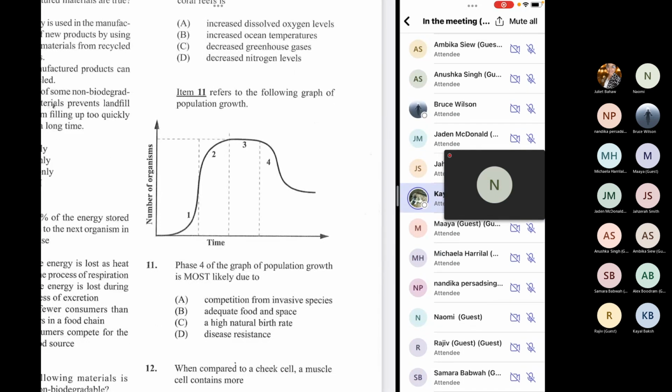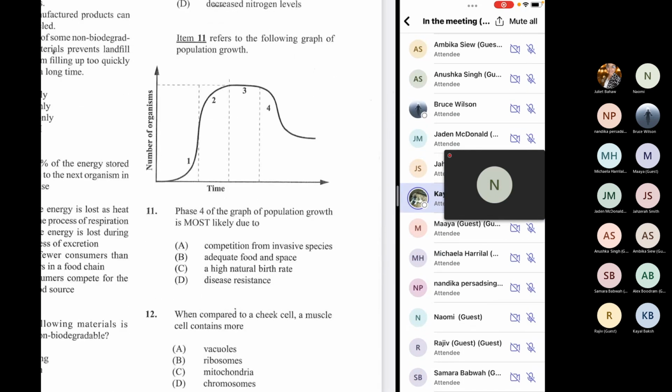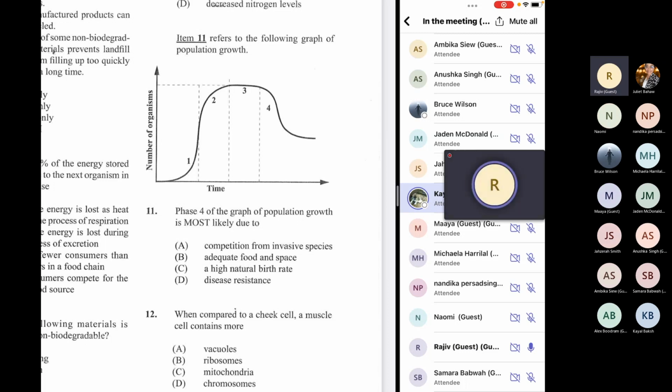Rajiv? Phase 4 of the graph of population growth is most likely due to, I had A, competition from invasive species. Correct. Now, an invasive species is some kind of organism coming from another country.